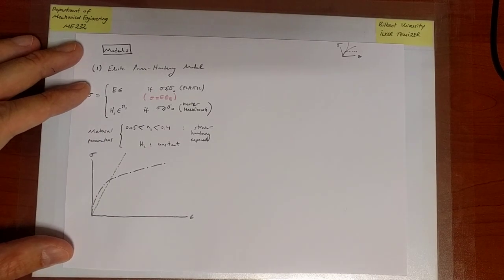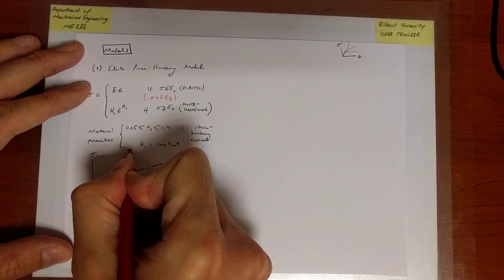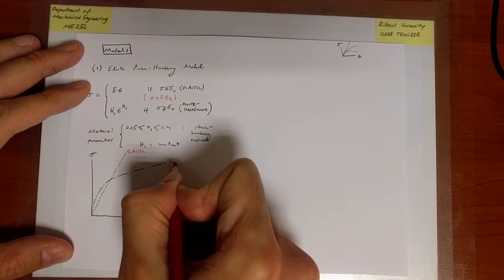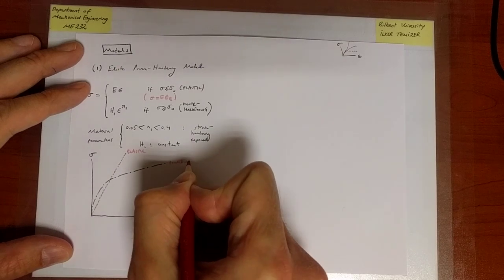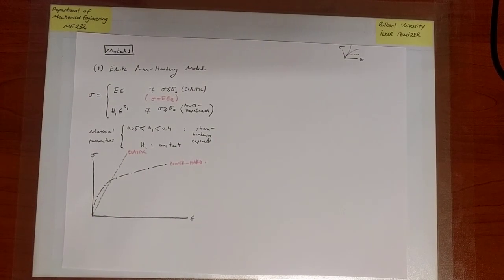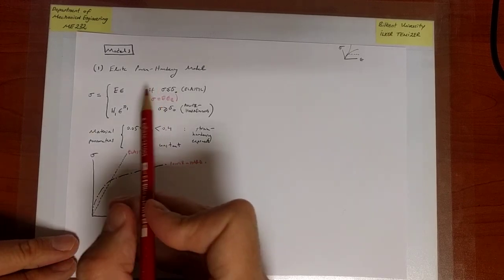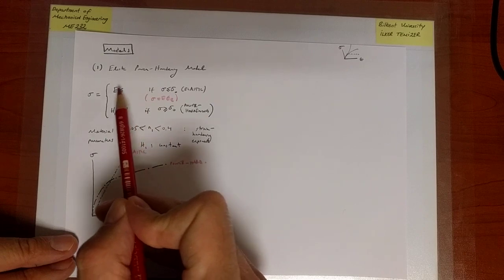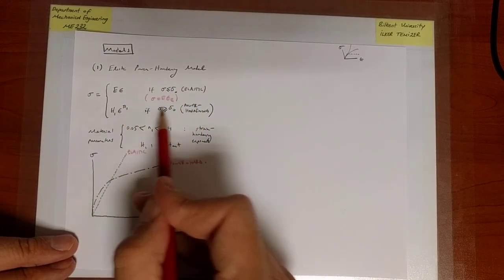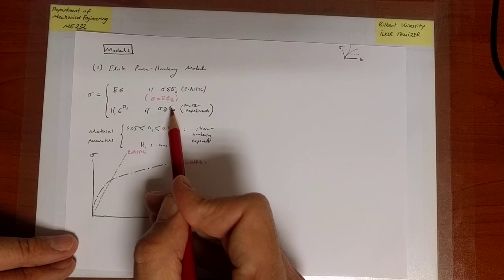So this here is elastic. This curve here is power hardening. Now, what is the yield strength? What we know is that one model is valid up to yielding, the other model is valid beyond yielding.